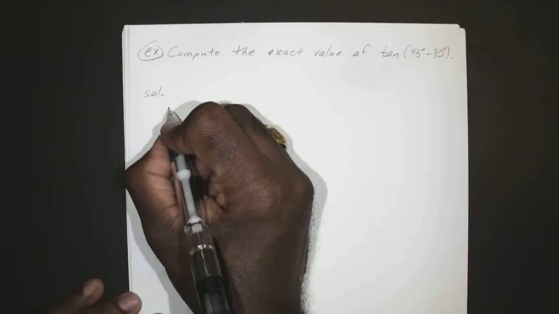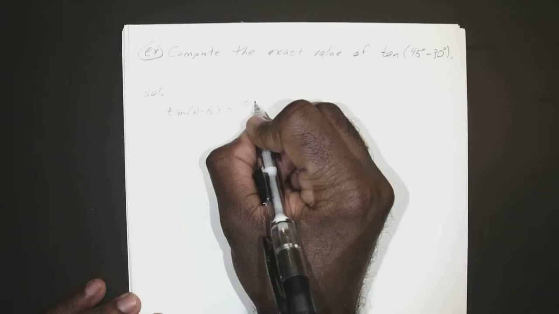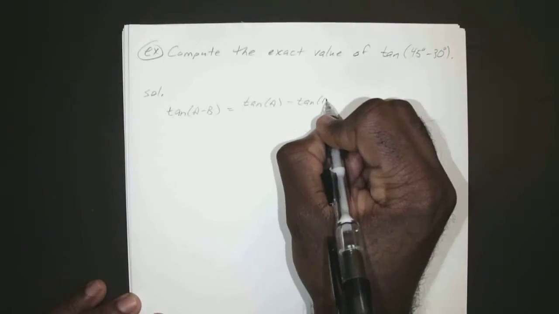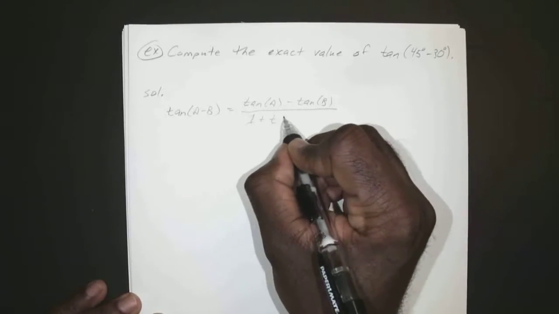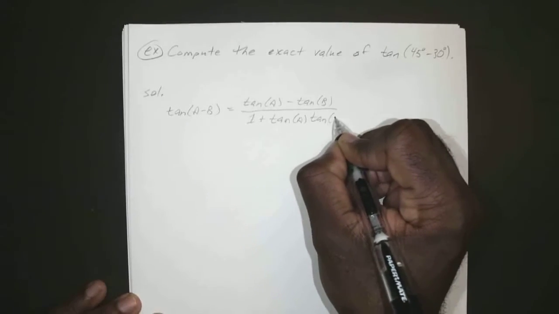Okay, so now for our minus, tangent of A minus B is tangent of A minus tangent of B divided by 1 plus tangent of A times tangent of B.